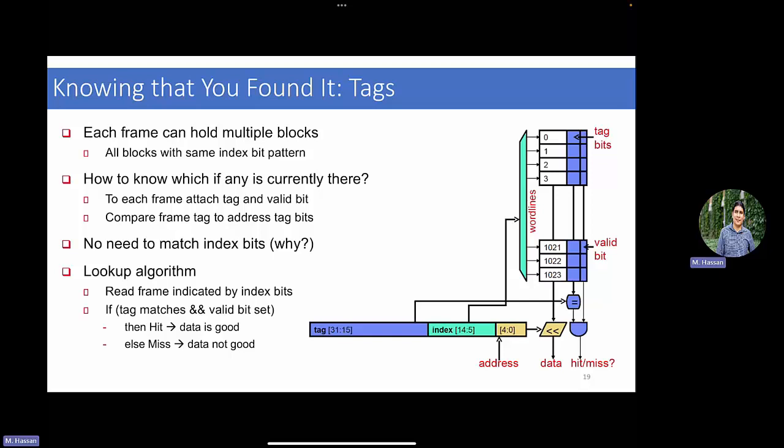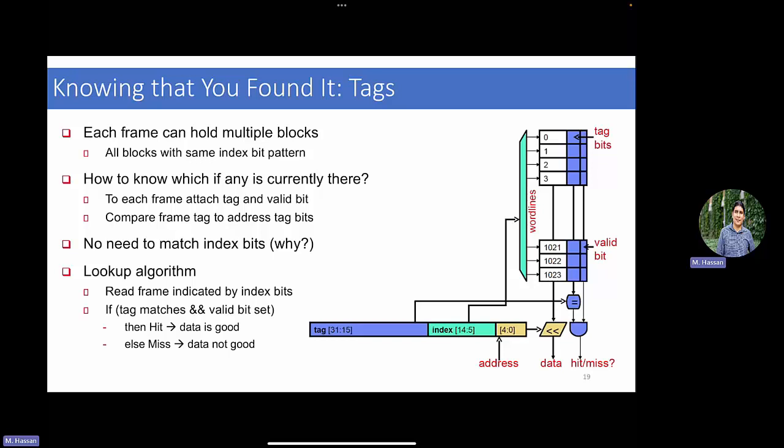Any question? So we see here from that image that, based on the line of thought we had so far, we needed to store the tag because otherwise I wouldn't know whether the data I'm looking for is the one that is stored or not. So I need to store the tag. This tag is the rest of the address, which means it's not real data. It's something to check, right?